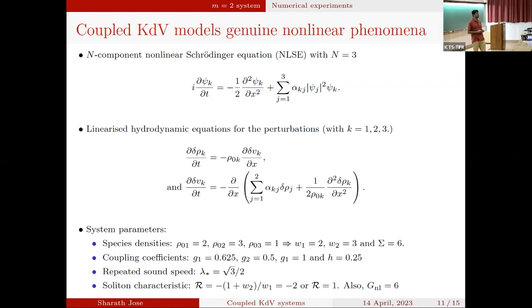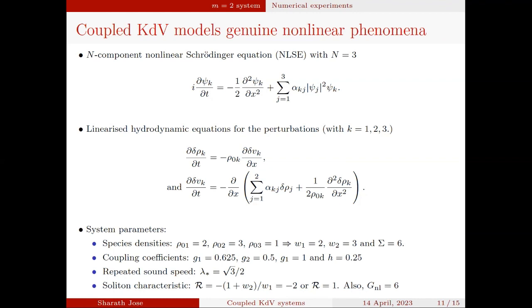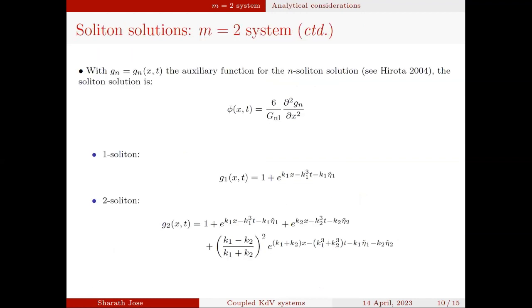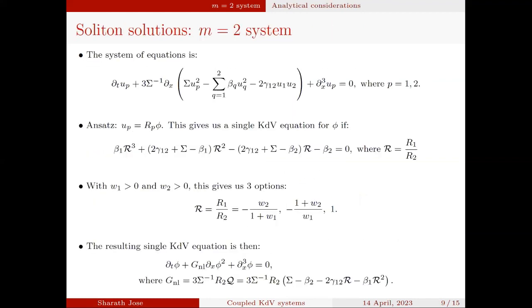I have a question. For the two component case, you said that for particular choices of this ratio, you can map this full problem to a single KdV in phi. Right? So in terms of phi, is it integrable or not?